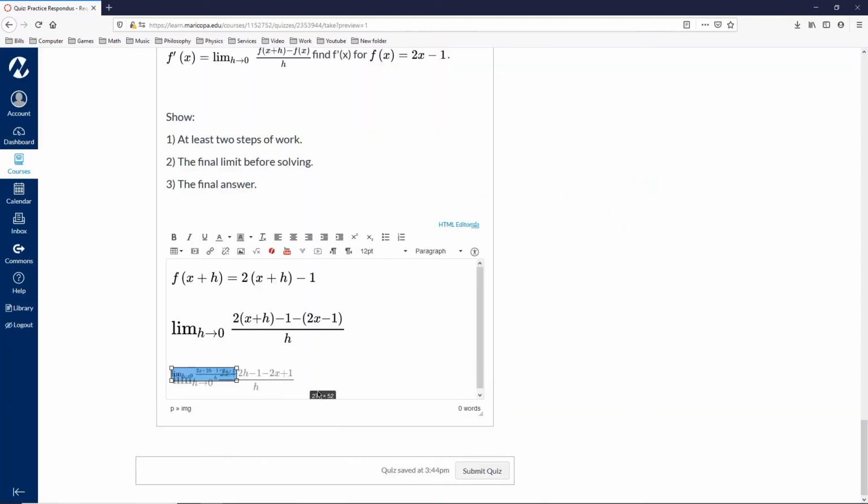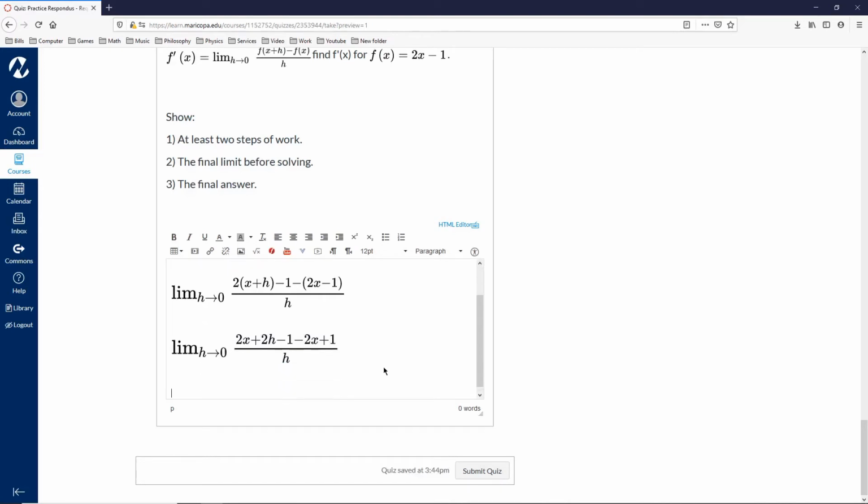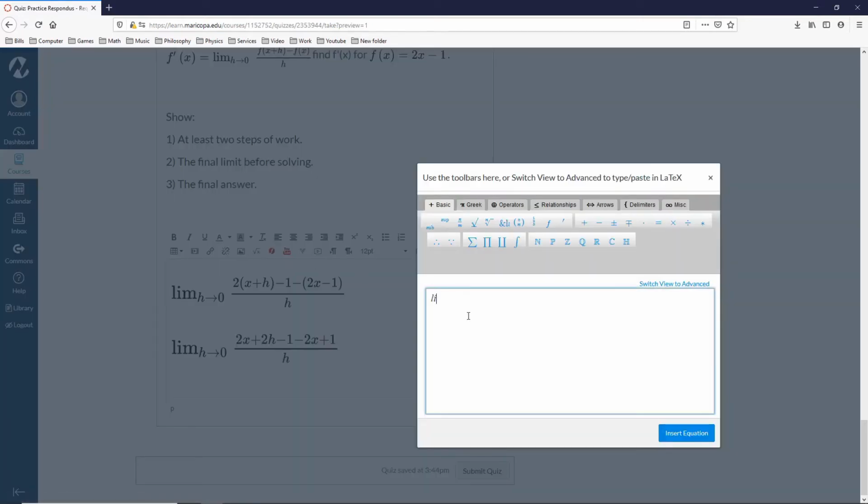And there's another good step. And now we can do some subtracting out of stuff. So the 2x will subtract out. The 1's will subtract out. And so we have 2h over h.